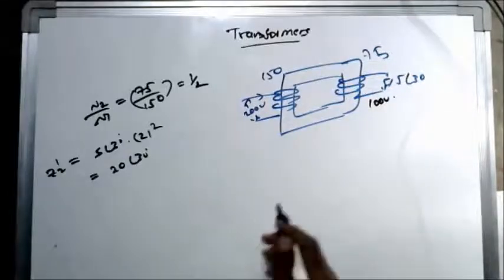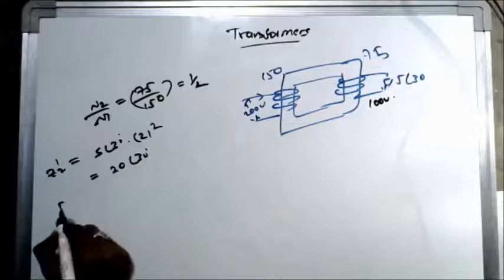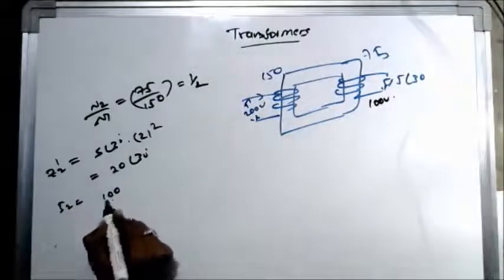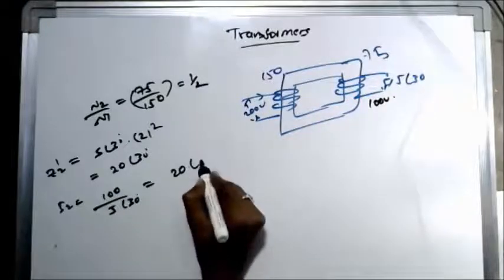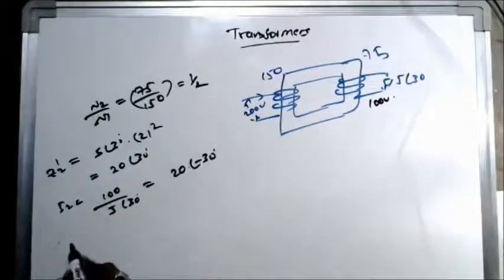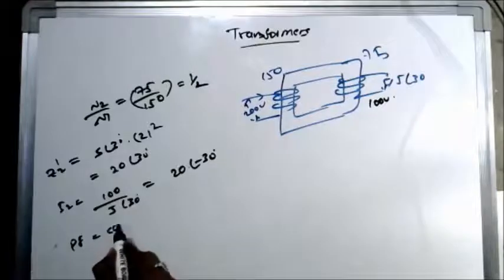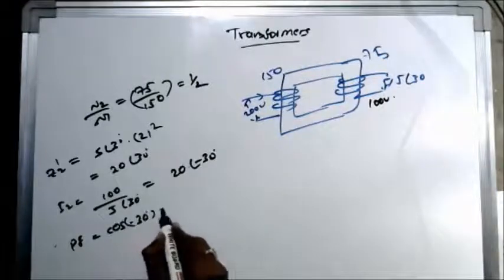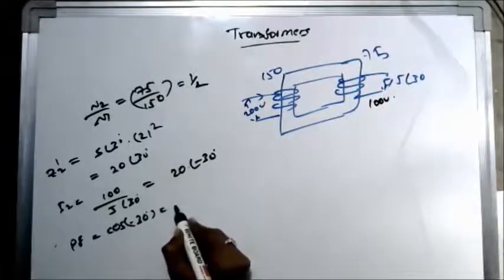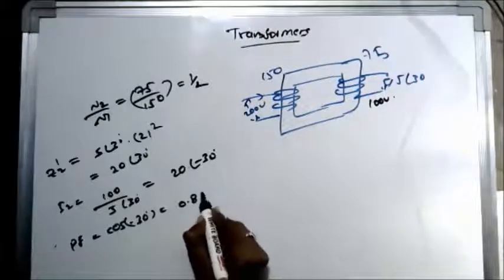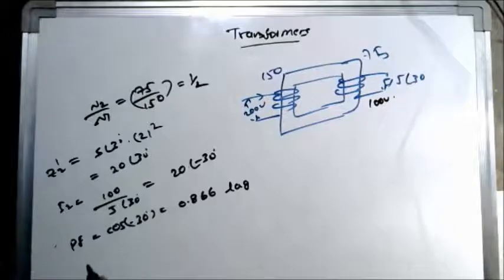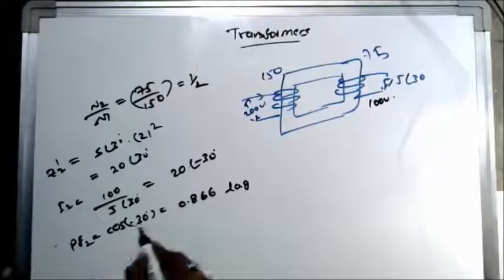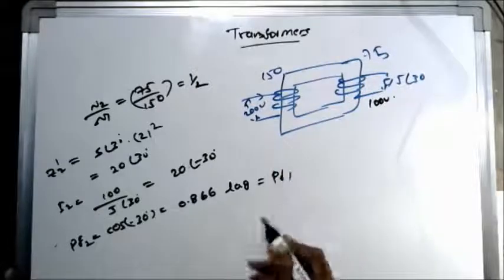So I2 is equal to 100 divided by 5 at an angle of 30 degrees, that is 20 at an angle of minus 30 degrees. So the power factor is cos of minus 30 degrees, which is 0.866 lagging. This same power factor will come to the primary because it is an ideal transformer, so PF2 is equal to PF1.